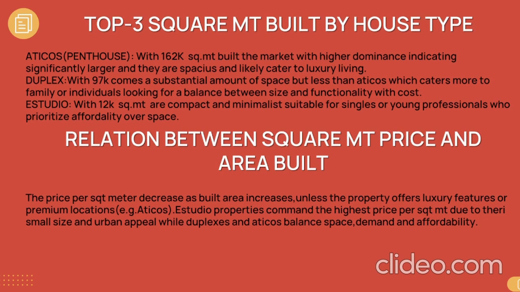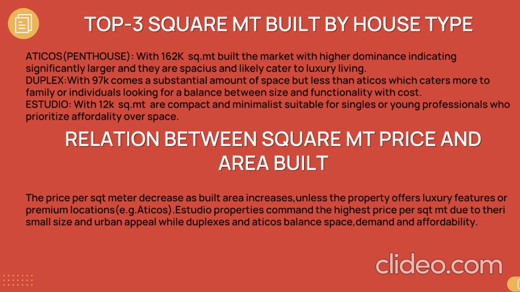The same goes with the duplex at 97k, which has a substantial amount of space but is smaller than atticos, catering more to family or individual living, balancing size and functionality with cost. Coming to the studios, here it's 12k square meters, compact and minimalist, suitable for singles or young professionals who are prioritizing affordability over space.